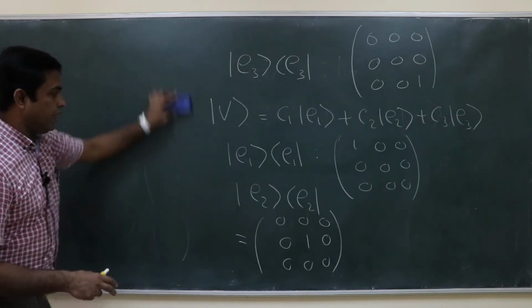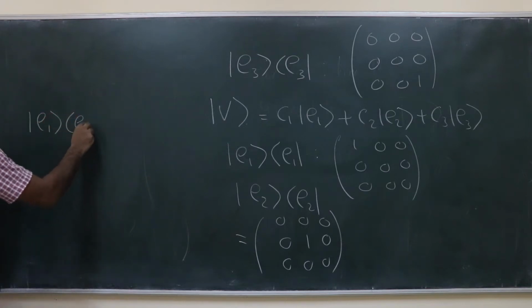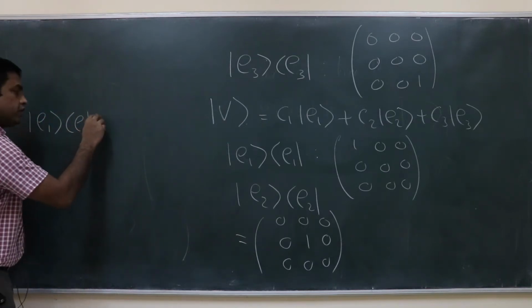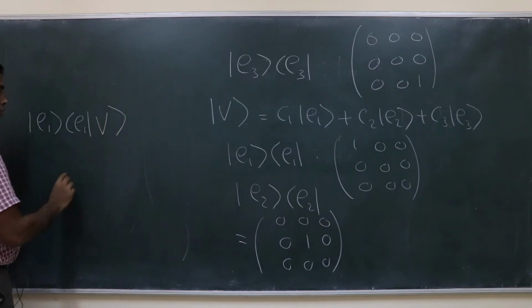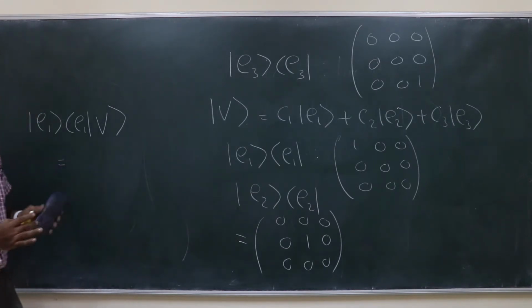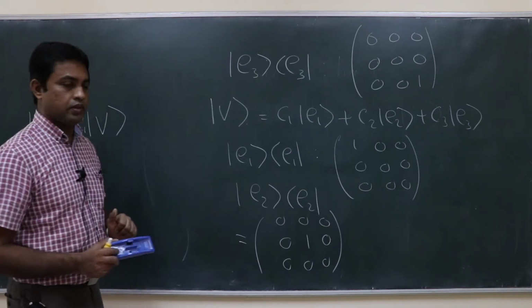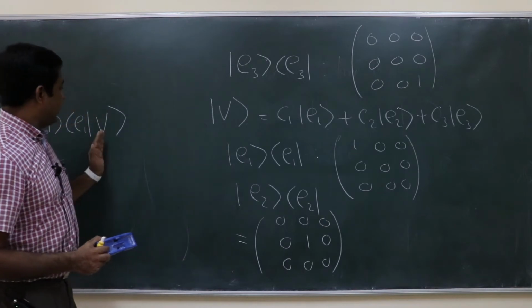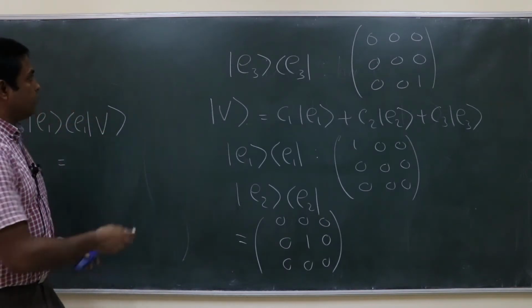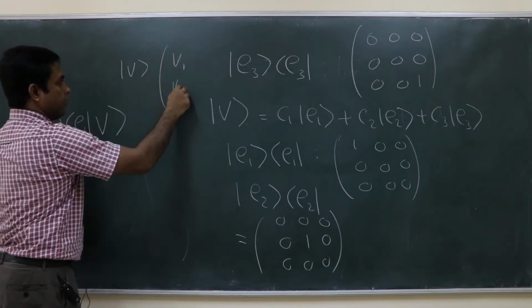That is, you take ket E1 bra E1, then you act on the ket V. What are you going to get? You just write it in matrix form, okay? You know that ket E1 bra E1 is a 3 by 3 matrix, right? So ket V is a column matrix. What is ket V? Ket V is a column matrix V1, V2, V3.